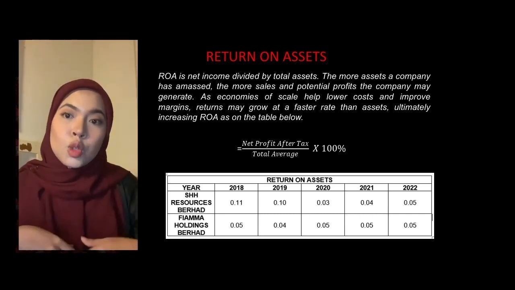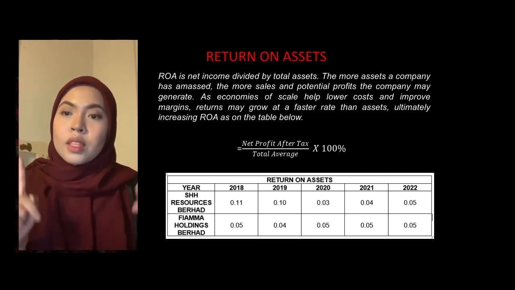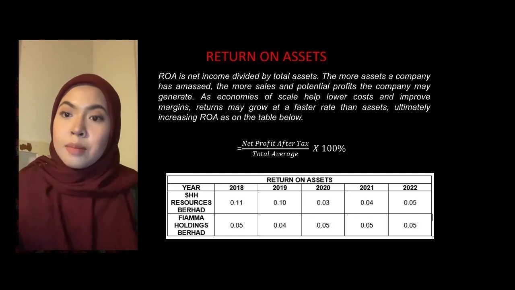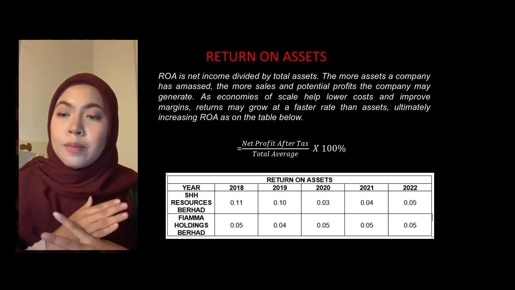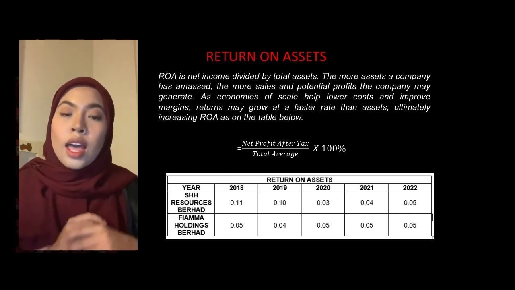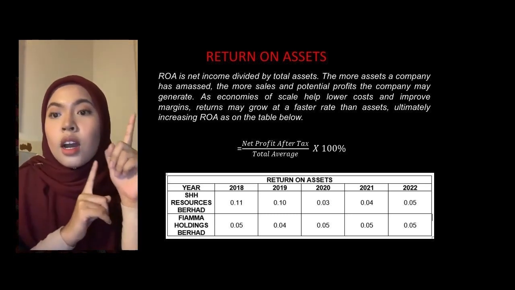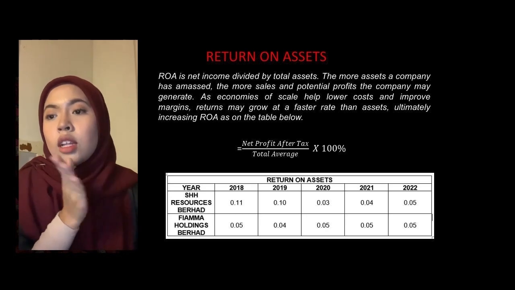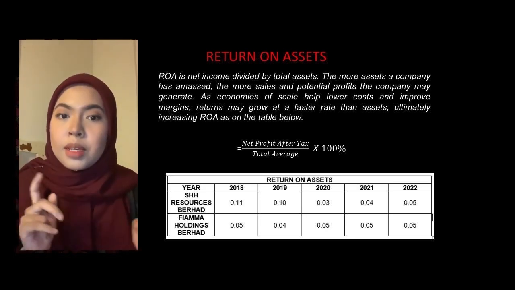The formula for ROA is the net profit after tax divided by total average assets multiplied by 100%. Here is the ROA table from 2018 to 2022 for both companies.